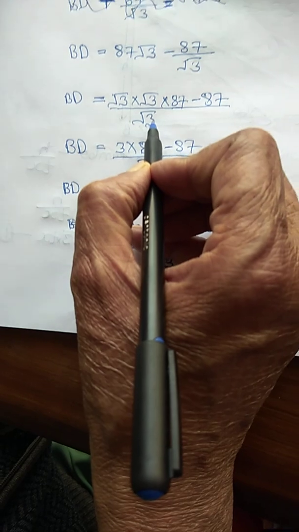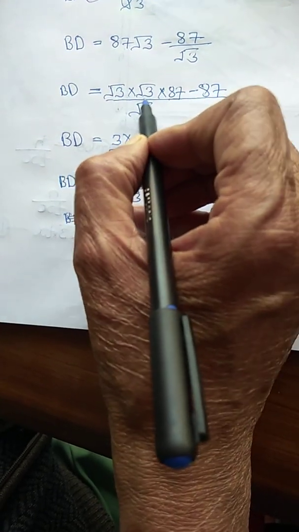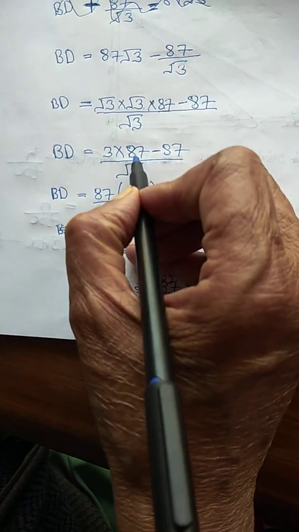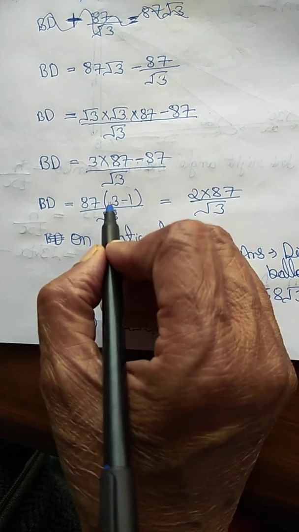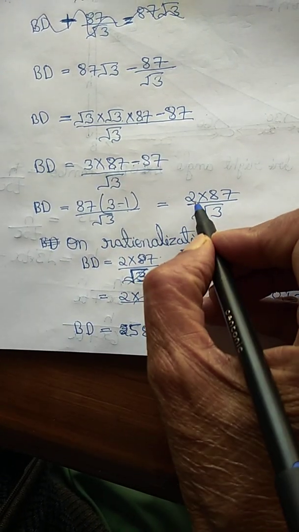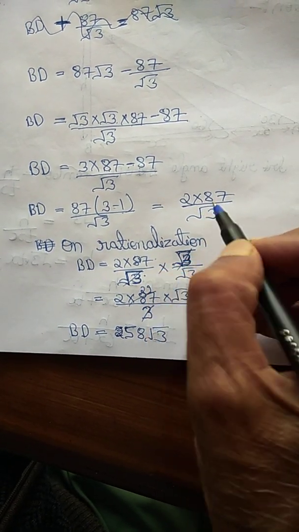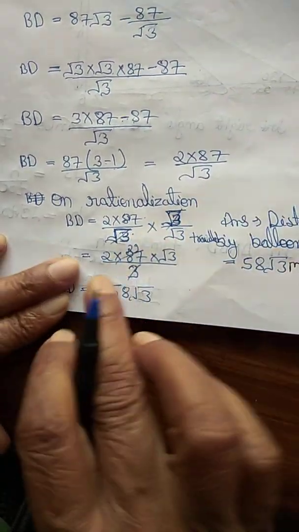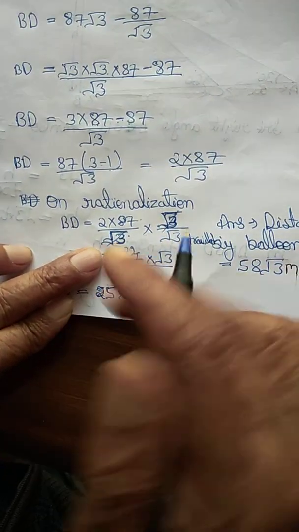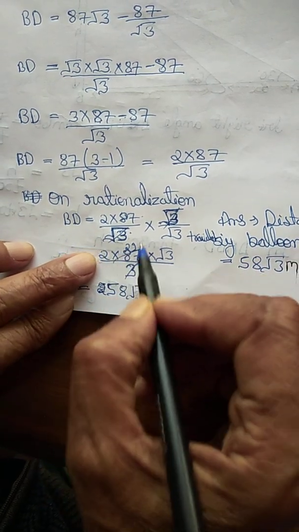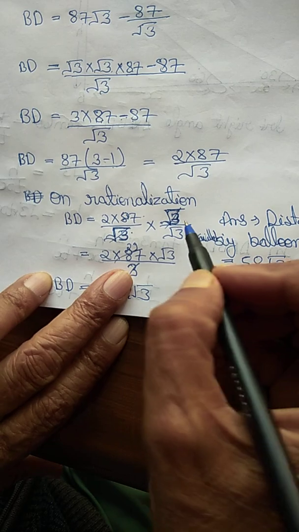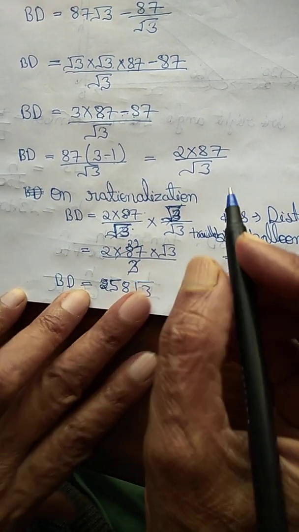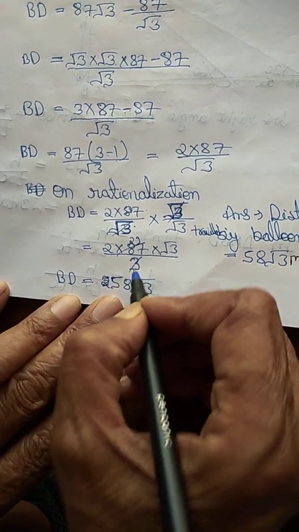Take root 3 as LCM, you get root 3 into root 3 into 87 minus 87. This becomes 3 into 87 minus 87. Take 87 common, you get 3 minus 1. This becomes 2 into 87 by root 3. And rationalization, multiply root 3 by root 3, you get 2 into 87 into root 3 by 3.